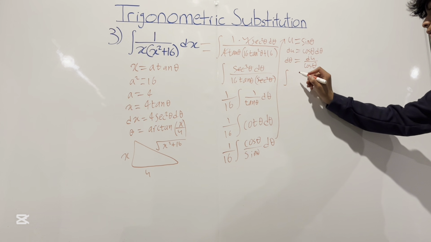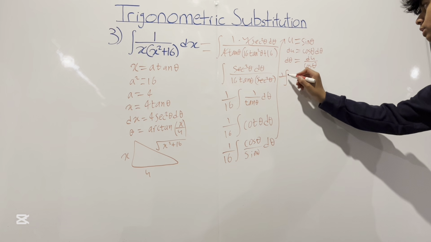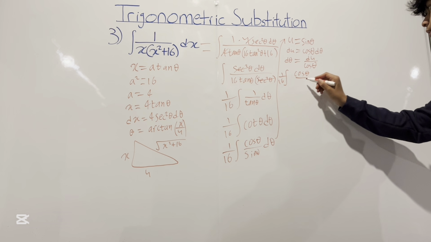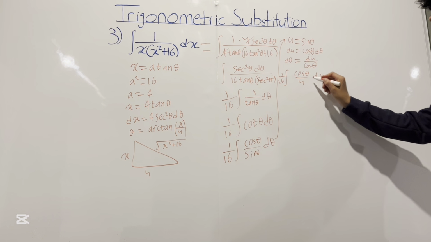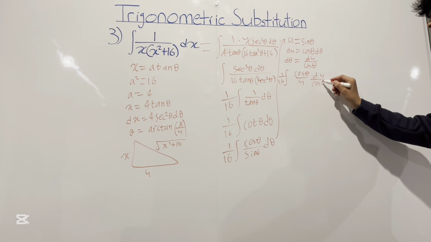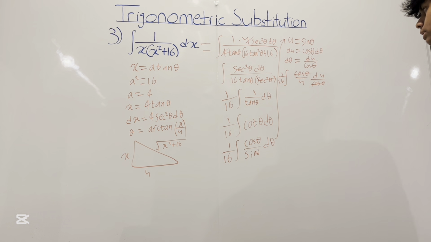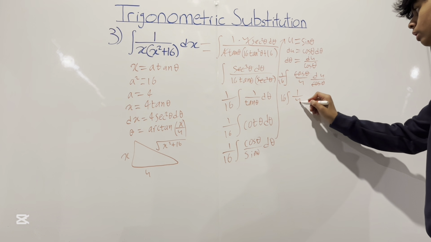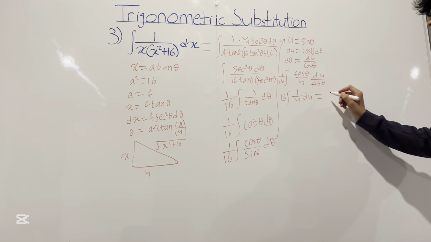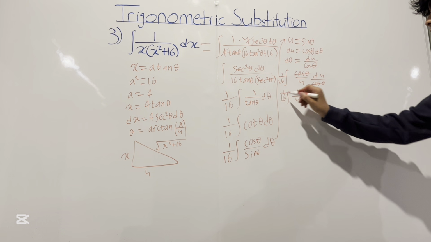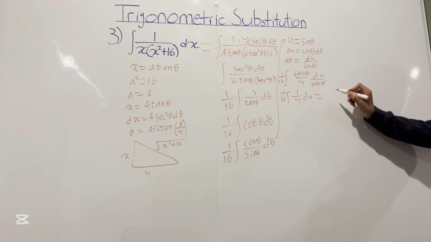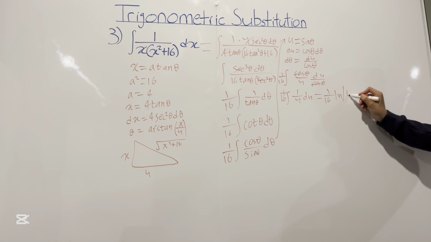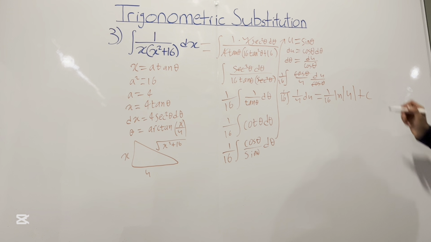So we have 1 over 16 times cosine theta over u times du over cosine theta. So this gets cancelled off, and we're left with 1 over 16 times the integral of 1 over u du, which is 1 over 16 ln absolute value of u plus c.